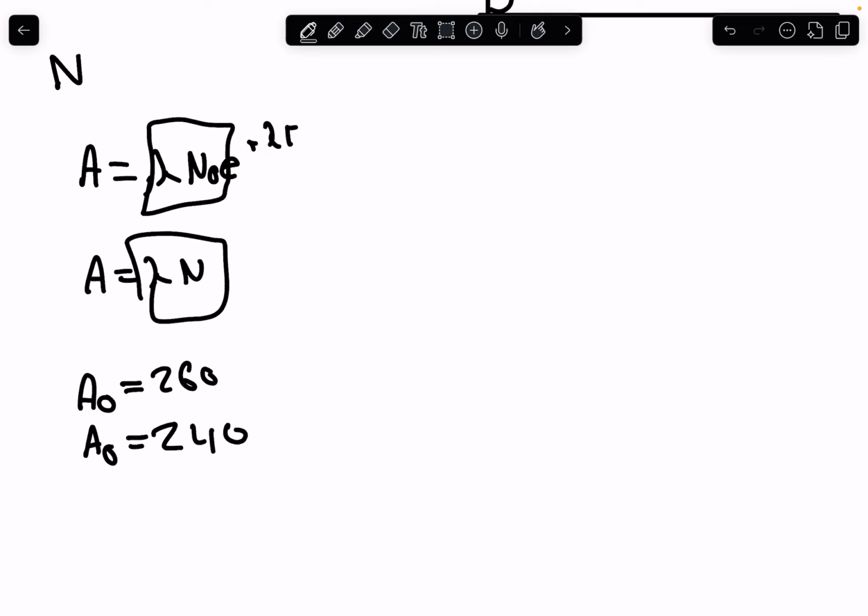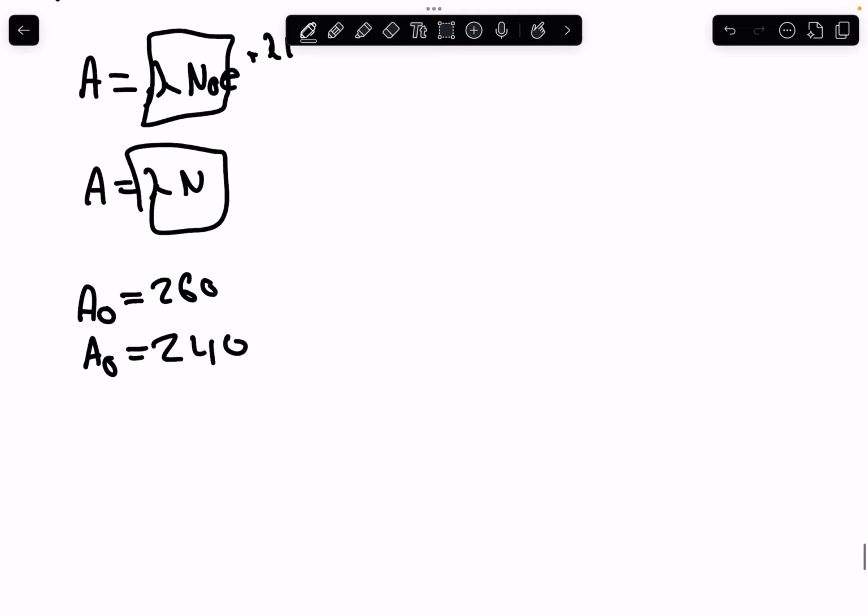The radioactive nuclide has a half-life of 9 hours. What is the activity detected after 36 hours? So let's just remove the background activity, then we'll come back to it later. Well, 36 hours is 4 half-lives, so we're basically dividing 240 by 2 to the power of 4, which equals 15.